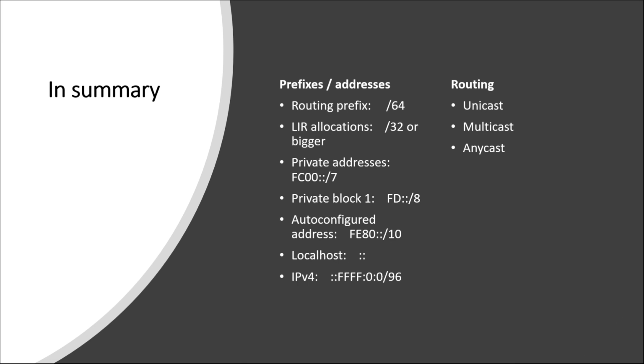Our discussion of IPv6 provided us with an overview of IPv6 addresses. We were able to talk about the notation used for IPv6 addresses. We introduced the notion of various prefixes, in particular routing prefixes, and we also mentioned the types of routing that are available, anycast, multicast, or unicast.